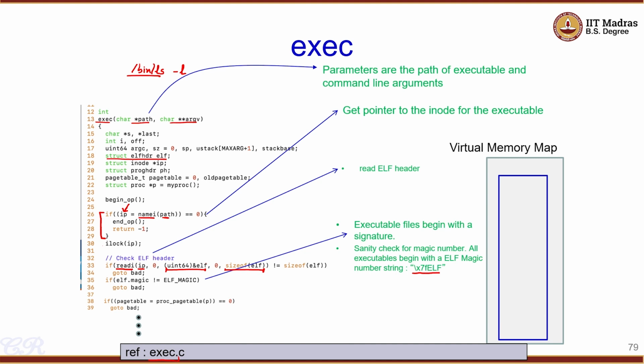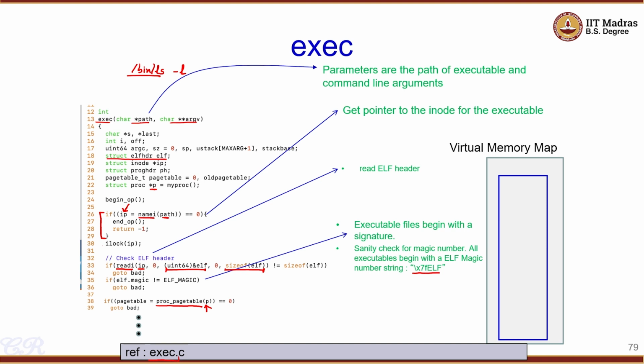process. Recollect that in this function proc_pagetable, p is the process which has executed the system call. In our example, the shell invokes fork, creating a child process, and the child process is invoking exec.